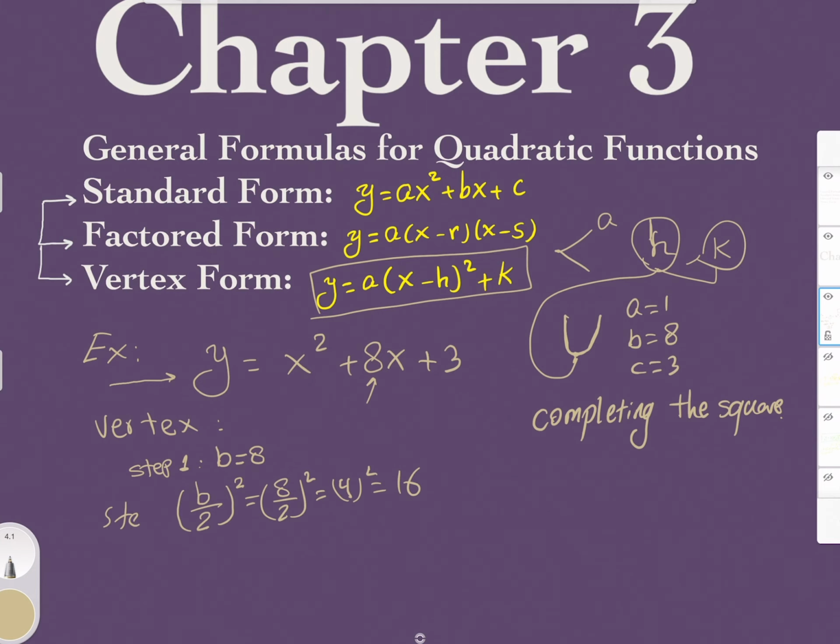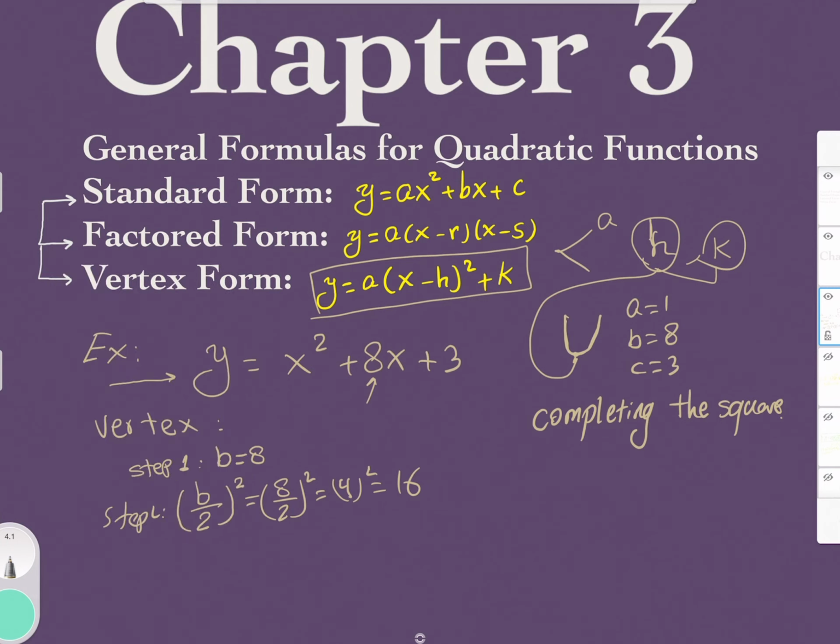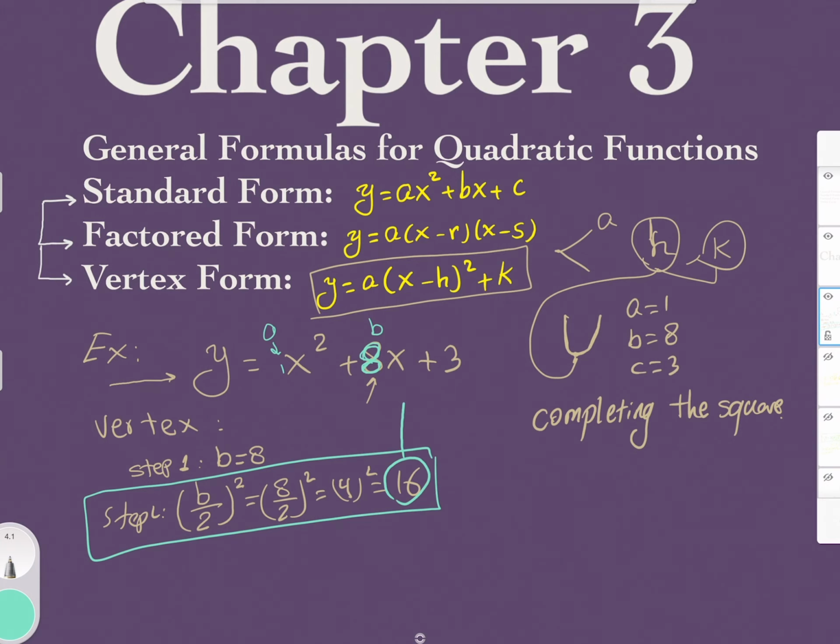I'm going to call this step 2, which is super important. We get b, and you have to make sure a is 1. If a is 1, you get b. If a is not 1, we need to factor out the a. But in this example, b is 8, we divide by 2 and square, we get 16. Now we add and subtract 16 after the b term.